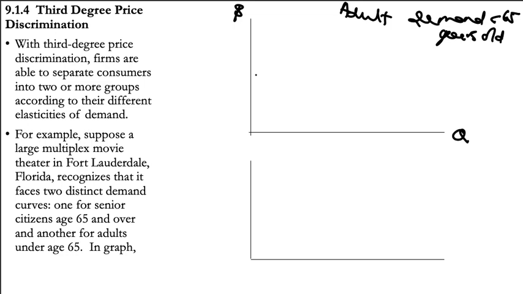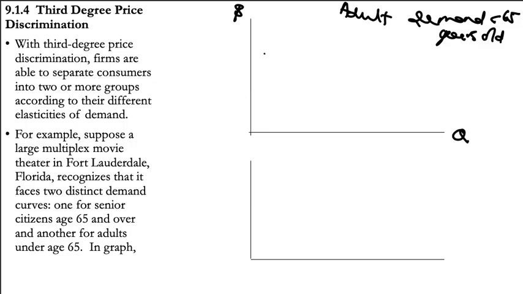In our country, in Malaysia, the age of pensioner starts from 60, but in the developed countries, it starts from 65. So you could expect that they can still earn some income. Therefore, if you change the price a little bit, they are not really bothered about it. So what you would expect is that the demand curve would be inelastic.